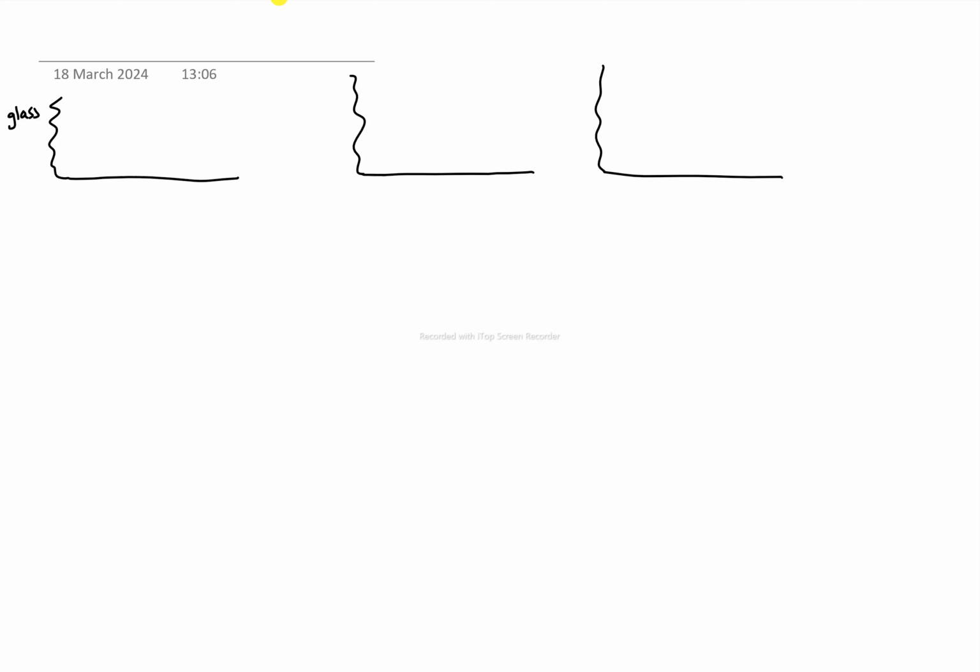So this material here, just try to understand this. This is glass. Can we zoom out? Yeah, okay, maybe one more. Okay, there you go. Right, so what I'm going to do is I'm going to draw the normal.